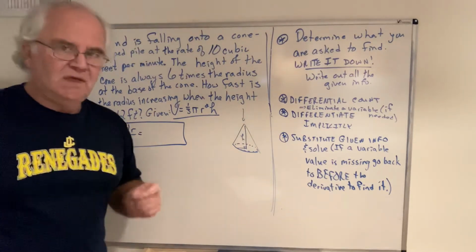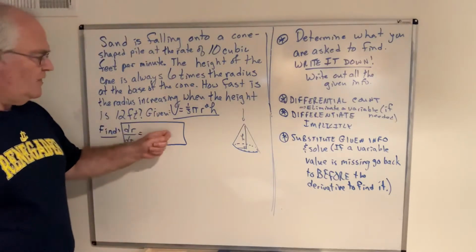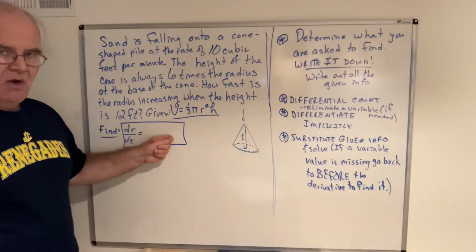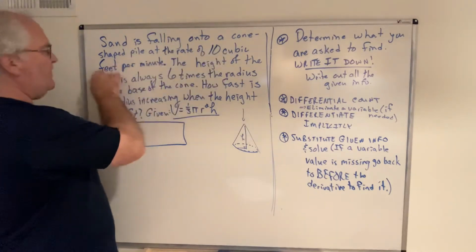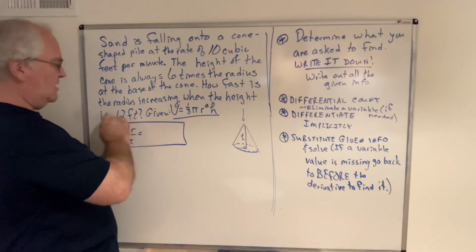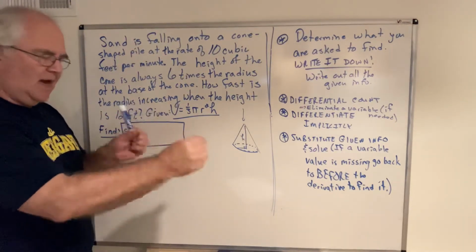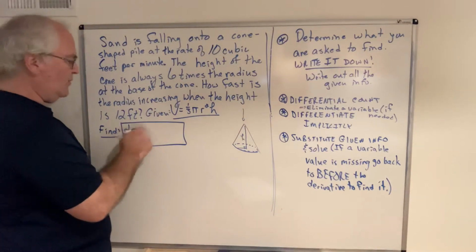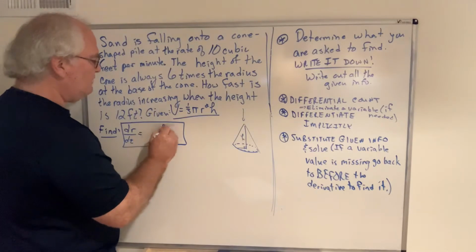Now, one thing I like to do, I think this is a good idea, is put the units in now. What are the units we're using here? Notice this is cubic feet. The height is 12 feet. The radius is measured in a line, so the radius is going to be so many feet. So it's going to be in feet per something.